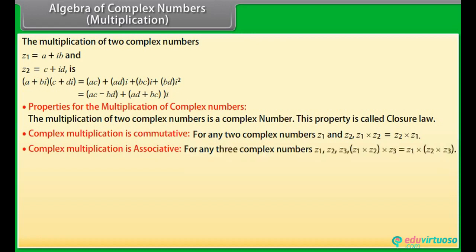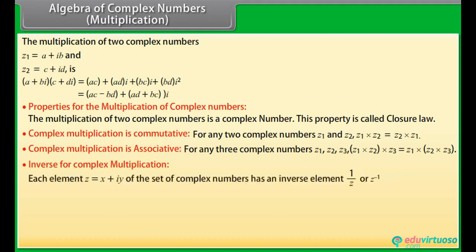For any three complex numbers Z1, Z2, Z3, Z1 into (Z2 into Z3) is equal to (Z1 into Z2) into Z3. Inverse for complex multiplication. Each element z equal to x plus iota y of the set of complex numbers has an inverse element 1 by z or inverse of z.